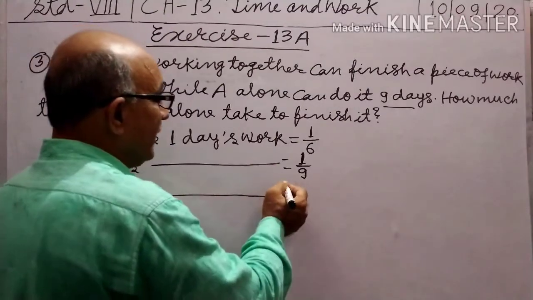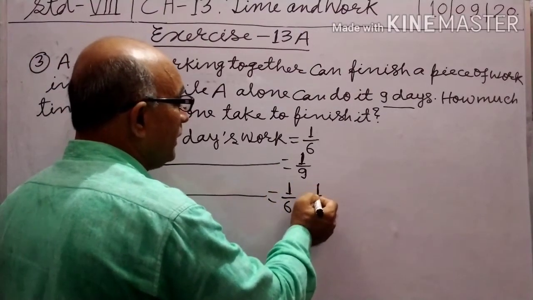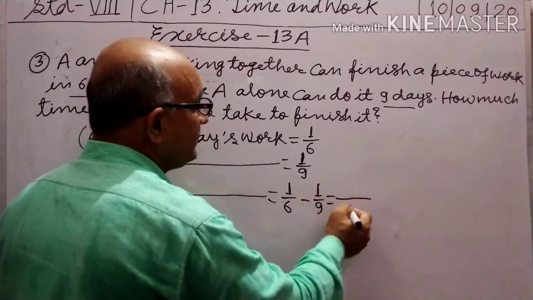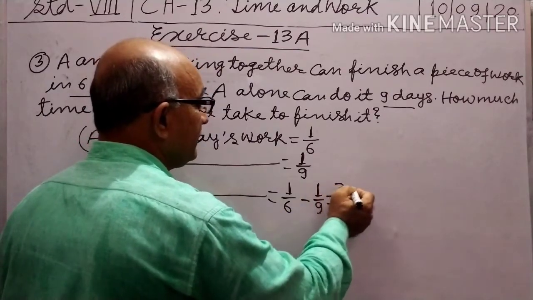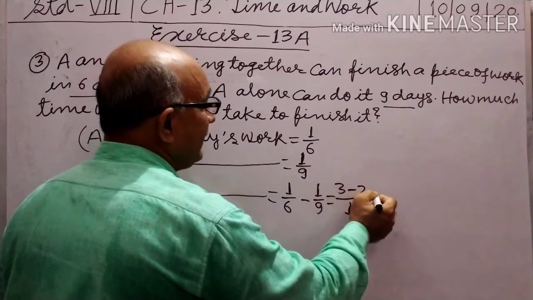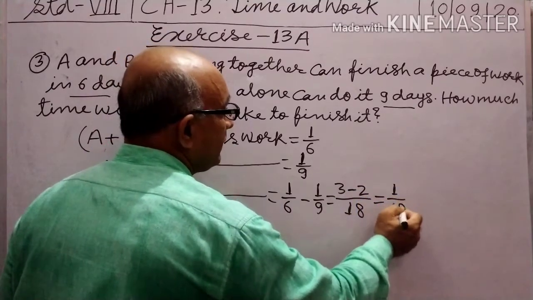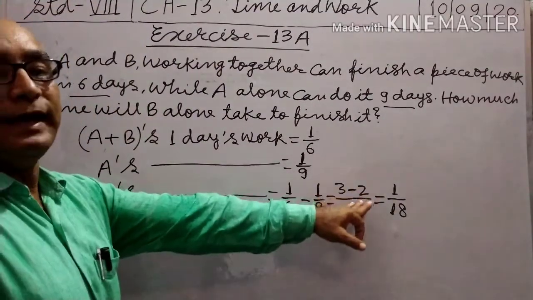So B's 1 day's work is 1 by 6 minus 1 by 9. LCM of 6 and 9 is 18. 6 times 3 is 18 and 9 times 2 is 18. 3 minus 2 equals 1 by 18. B's 1 day's work is 1 by 18.